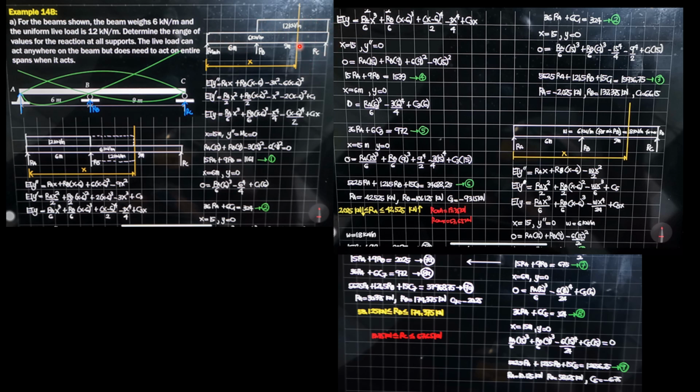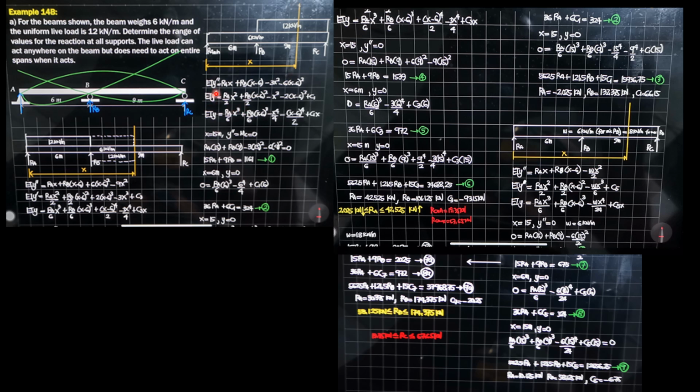And since we apply the double integration method, and the moment equation is singular, that is, we can only have one moment equation for the entire span, so which is here.